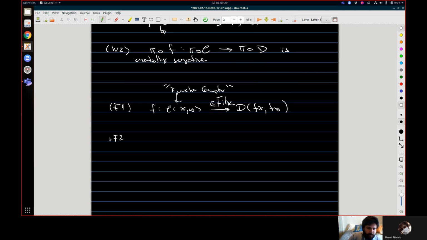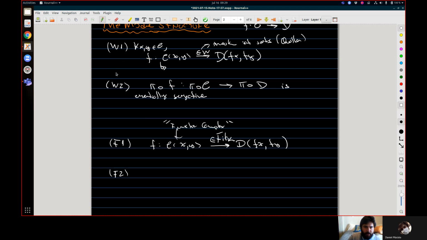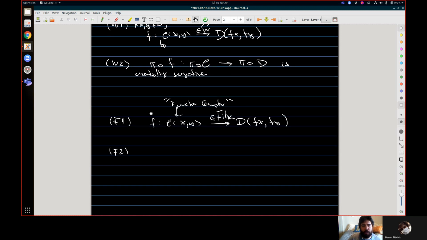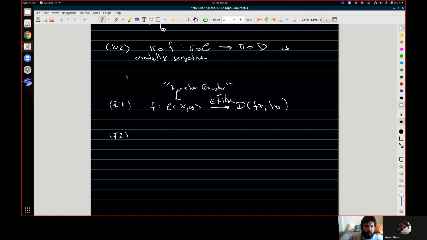F2, we have something similar, and after that I will make a remark because this is very similar to what is happening. We require that F is a homotopical isofibration.